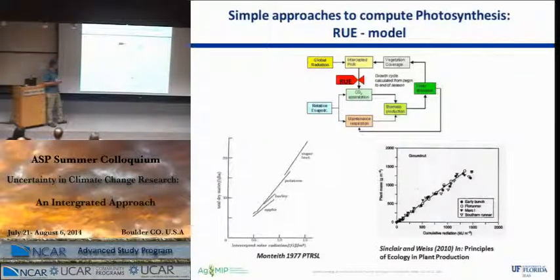And for growth, quite some decades ago, Monteith discovered there's a very simple relationship between how much biomass you can grow in relation to intercepted radiation, which is sort of linear for different species. This is done here for apples, barley, potato, and sugar beet.